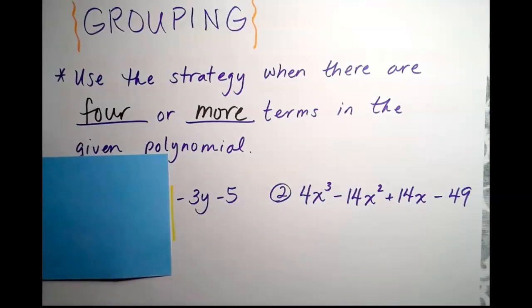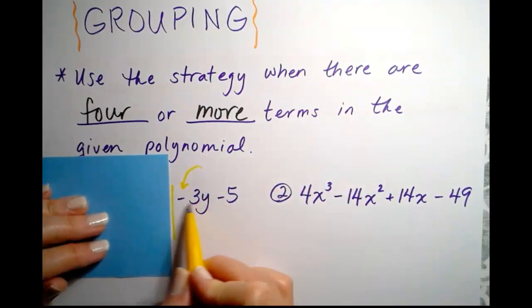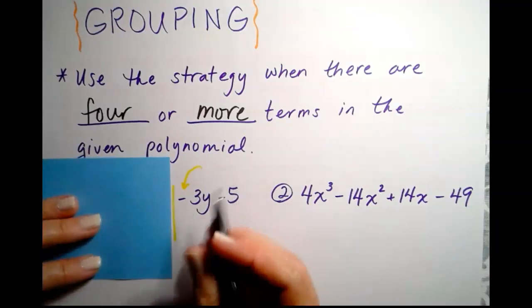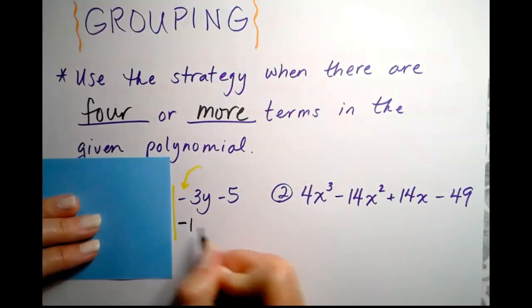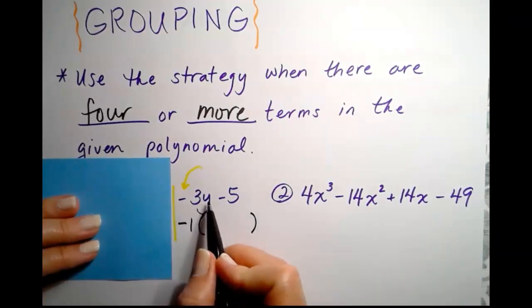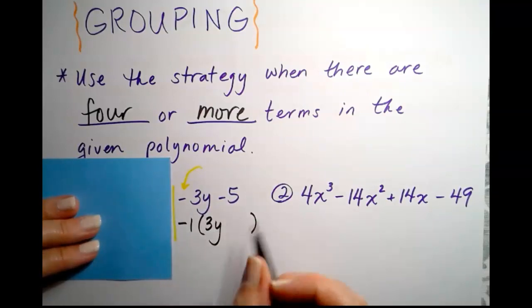A hint is this. Anytime that we see this leading coefficient as negative, it would definitely be wise to take out a negative. And in this case, the only thing we can take out is a negative 1. So negative 3y divided by negative 1 leaves positive 3y.